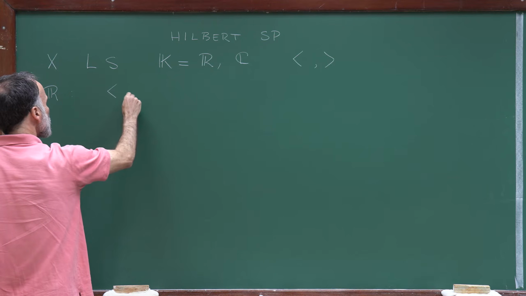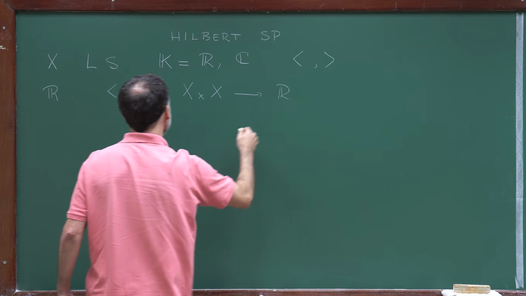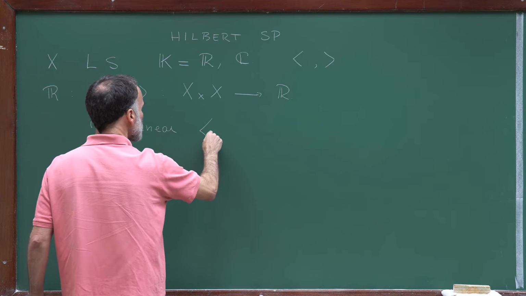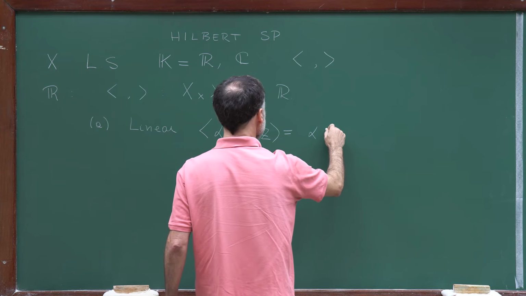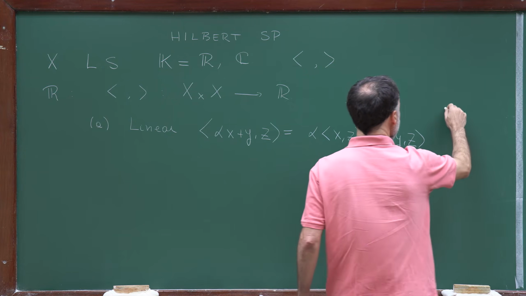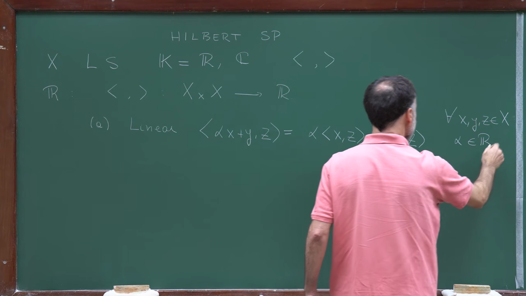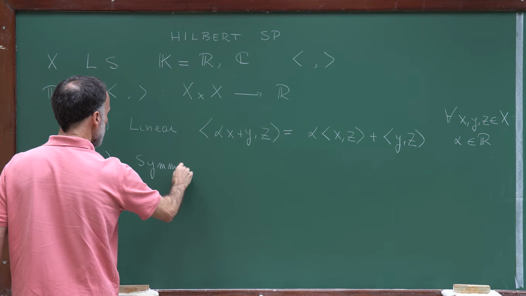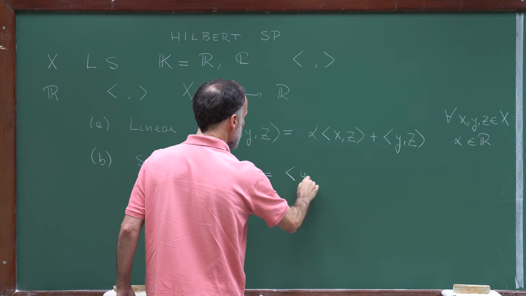So this scalar product is a function from our field X to R, which is linear on both coordinates, which means that (αx + y, z) is equal to α(x, z) + (y, z), and this for all x, y, z in X and α in R. It will be symmetric, which means that (x, y) will be equal to (y, x).